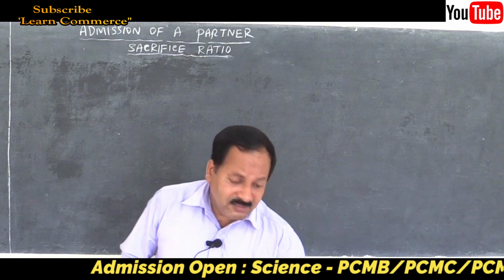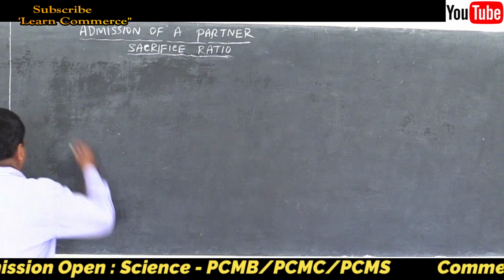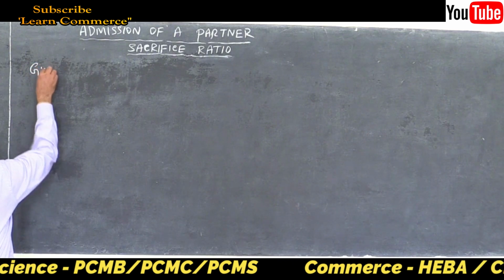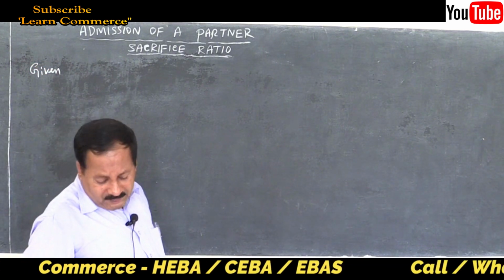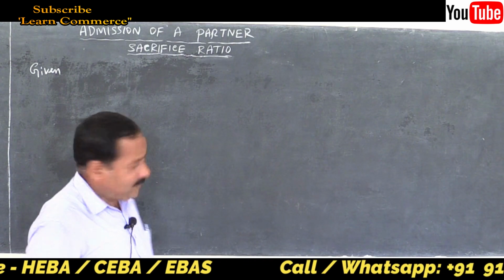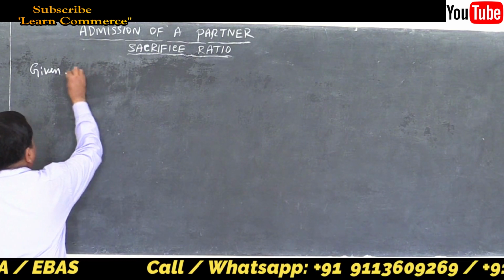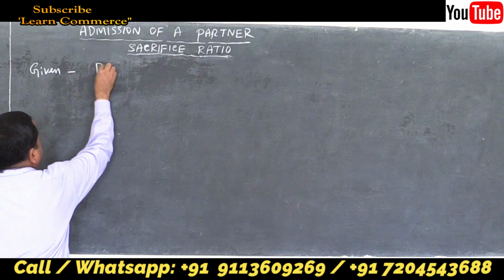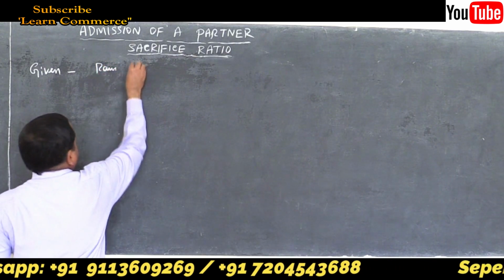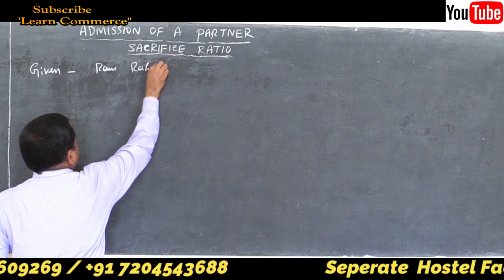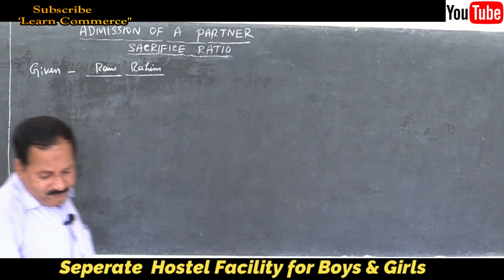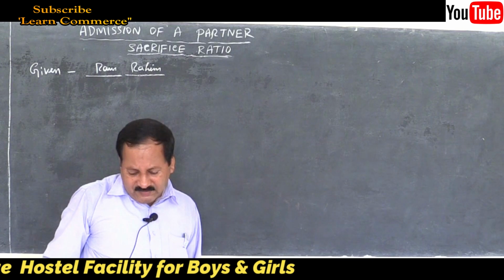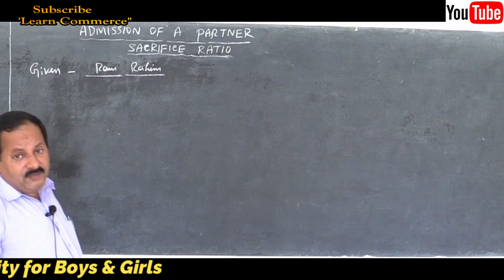Let us write the given information first. Given, who are the partners? Ram and Rahim. Their old ratio is given, sharing profits and losses equally.